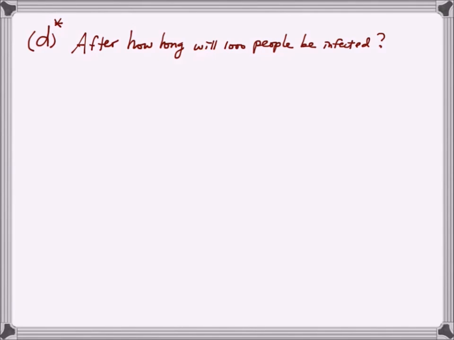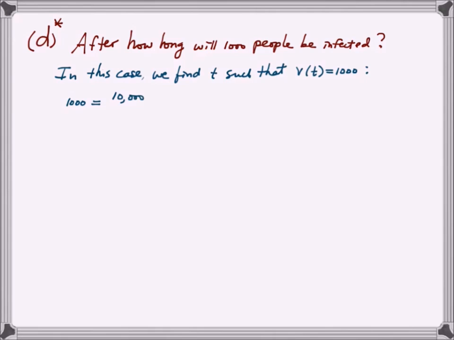Well, in this case, we need to find the value t such that v of t is equal to 1,000. So we get 1,000 equals 10,000 divided by 5 plus 1245 times e to the negative 0.97t. To solve this, I can think of the 1,000 as 1,000 over 1. So you have a fraction equals a fraction, and we can do the cross multiplication trick.